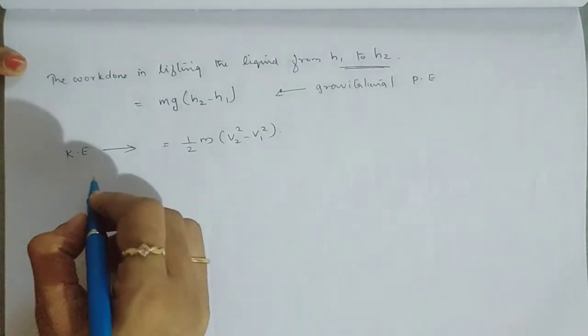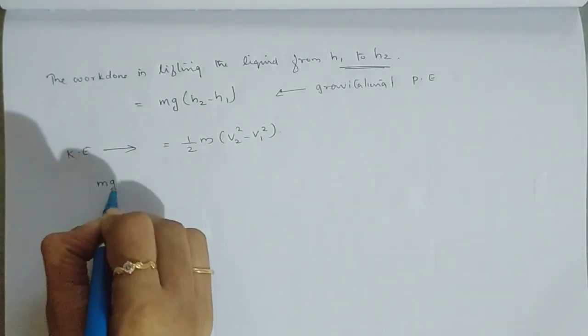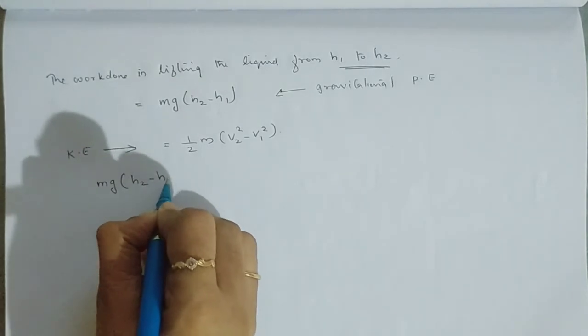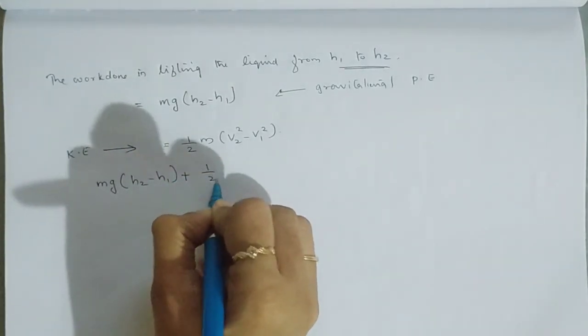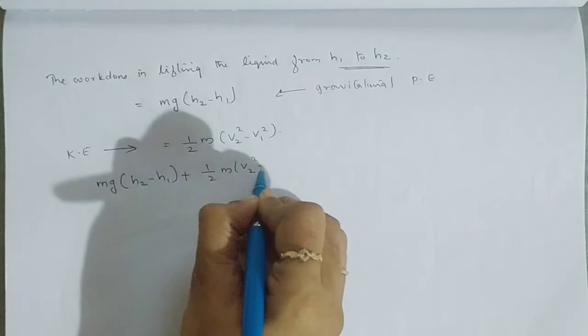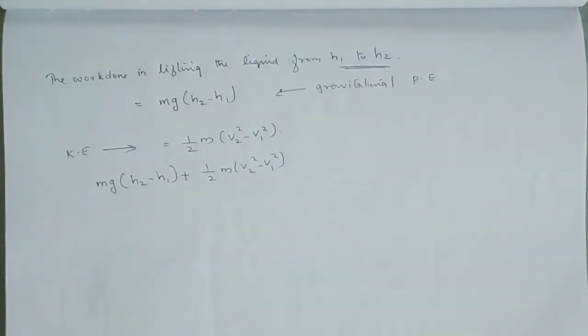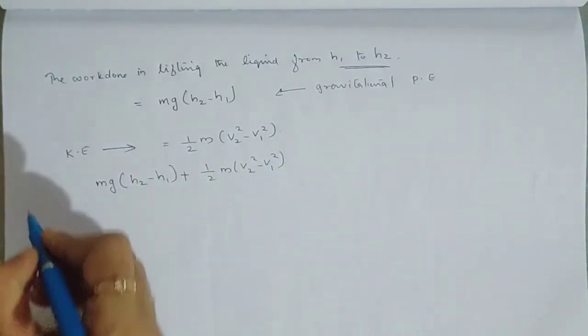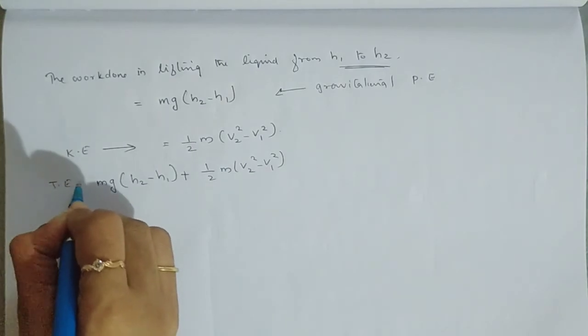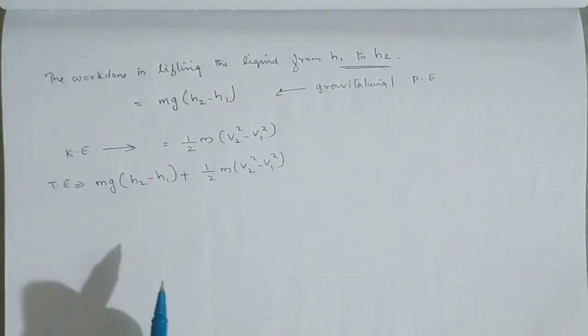Now we can write the total energy: mg (H2 minus H1) plus half m (V2 square minus V1 square). This is the total energy. Okay, this energy is nothing but it is the work done by the pressure W.